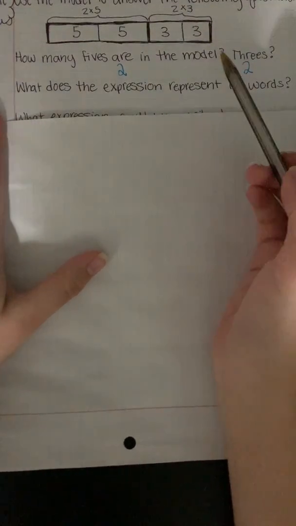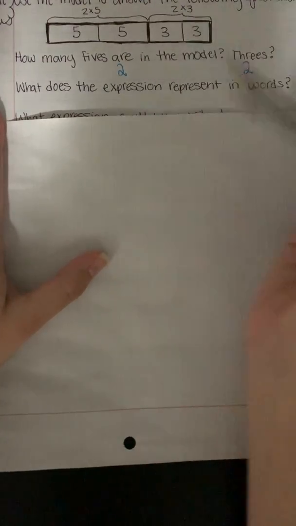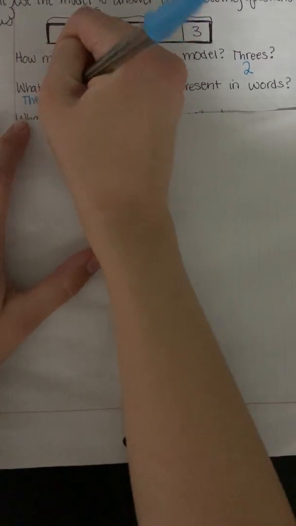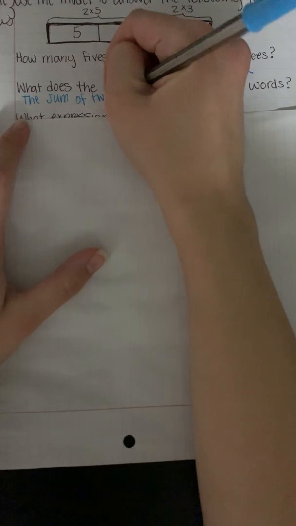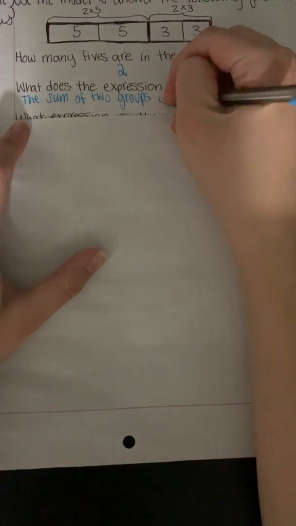So if I'm adding, I can say the sum, and it's the sum of this group plus this group. So I'll say the sum of two groups, and I have 2 groups of 5 and 2 groups of 3.